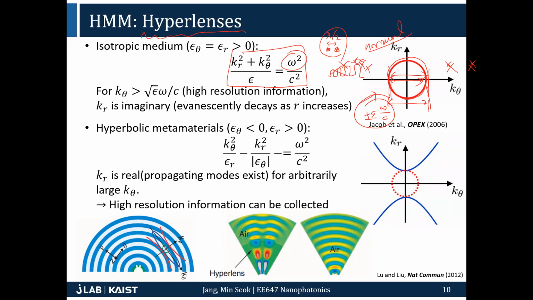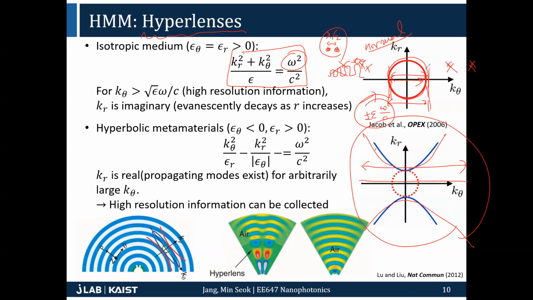By using hyperbolic metamaterials. If you use hyperbolic metamaterials, like in this case, now along the theta direction, the K vector range becomes infinite, right?